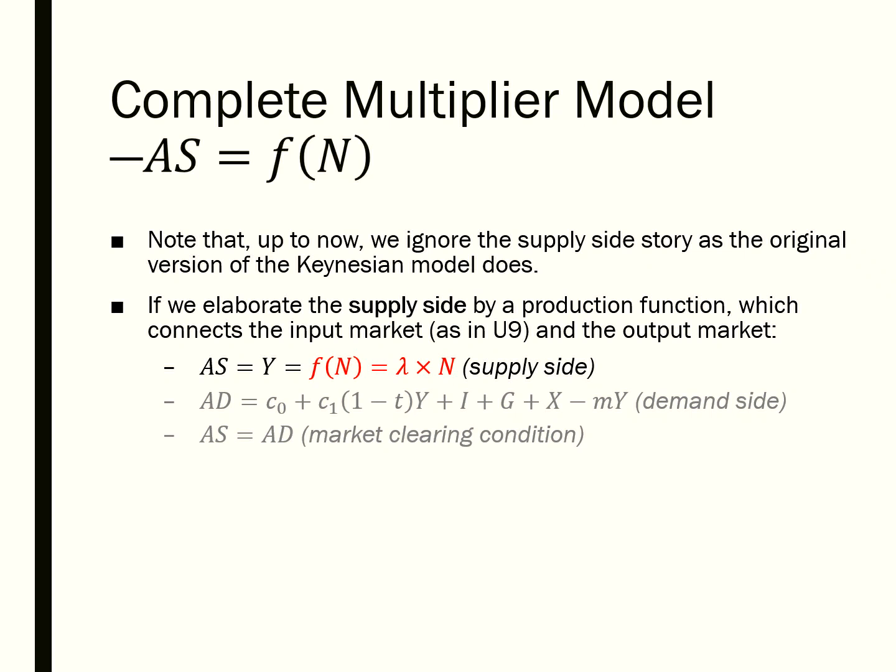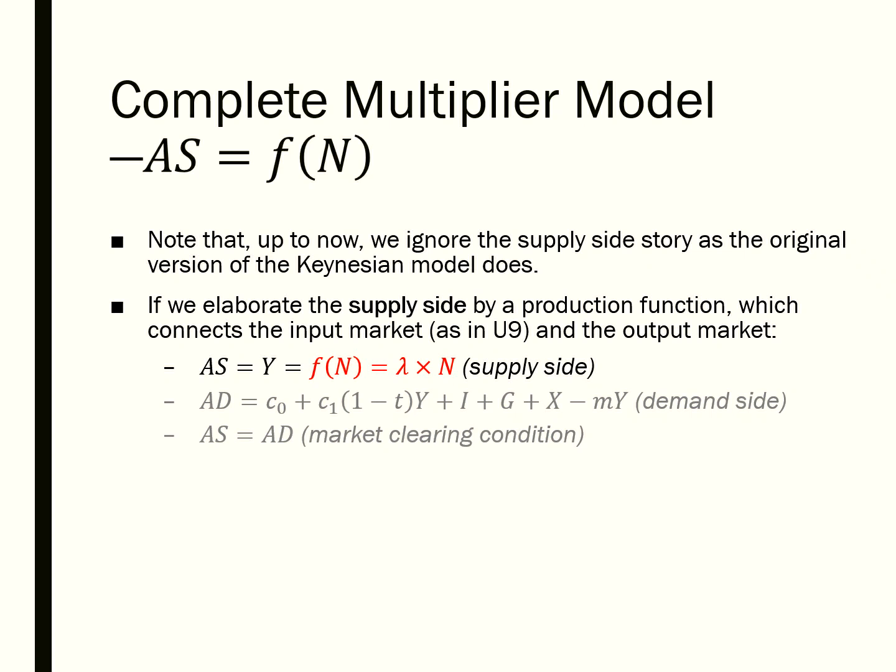This is a supply side story, very simple. We could have a more complicated story, but let's keep it simple because you're not required to know all this complete technicality. So now the supply side is described. We also have the complete story of the demand side, which is equal to C plus I plus G plus net export. And we also have the third condition, that in equilibrium, supply should be equal to demand.